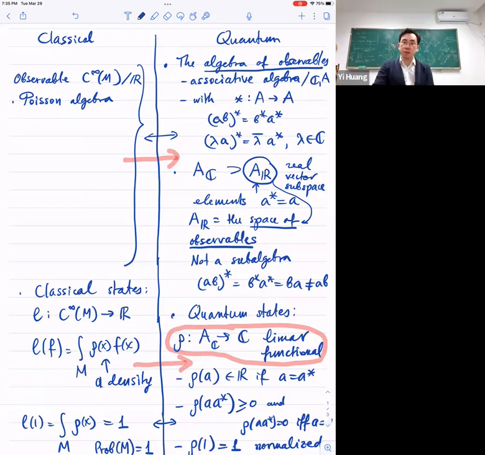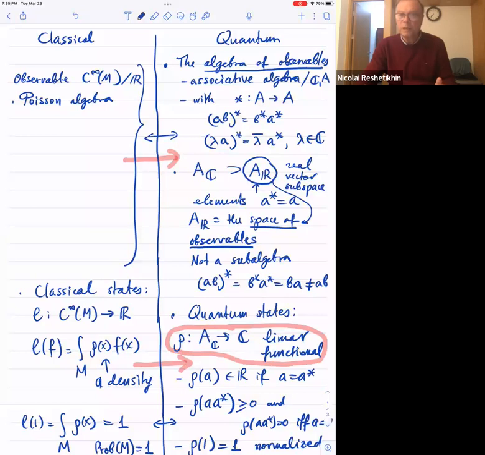So I think that's correct. Every complex n by n matrix is the complexification of Hermitian matrices. So in this sense, quantum observables should be the complexification of the Hermitian matrices. Why complexification? We will see this.